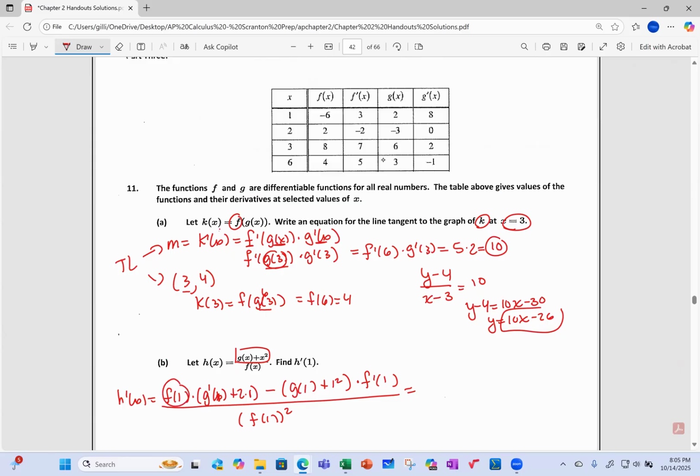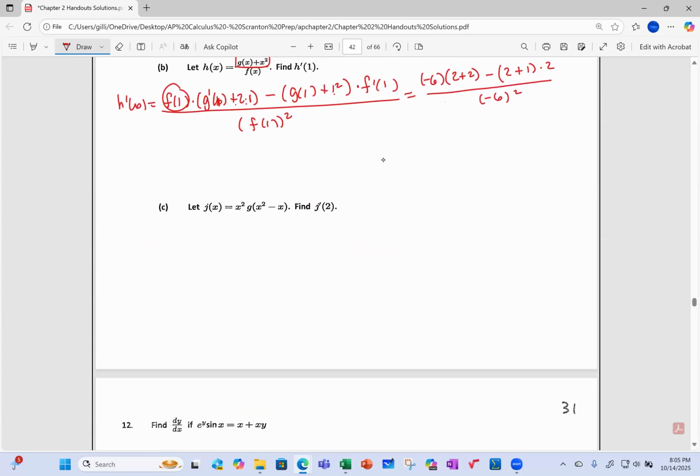So f at 1 is -6, and g prime at 1 is 2. But 2 times 1 is 2, minus g at 1 is 2, and 1 squared is 1, and f prime at 1 is 2. And what's f at 1 there? -6, I believe, squared.